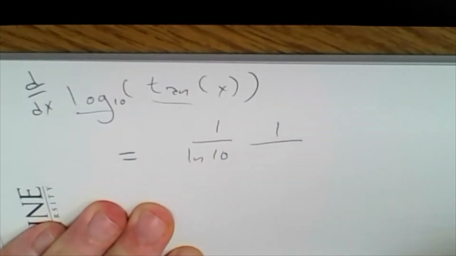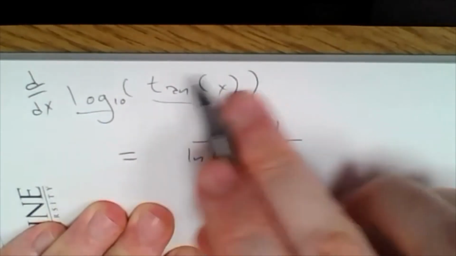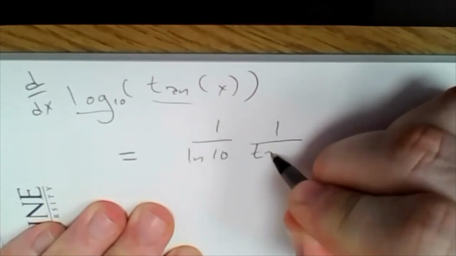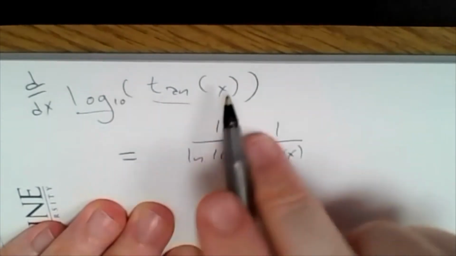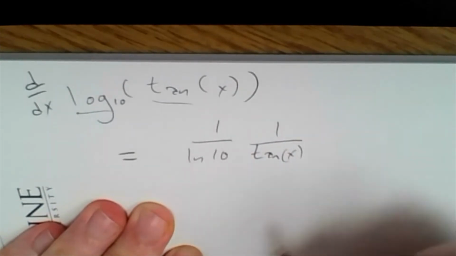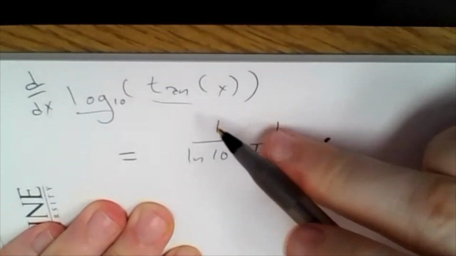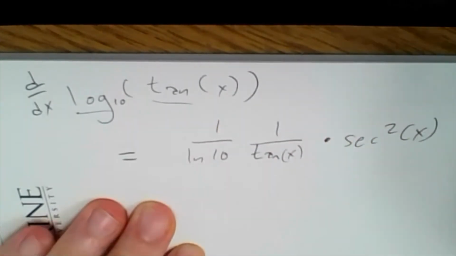When I get to any x here, I need to substitute the inside function the same way that it appears previously. So here's my tangent of x. That's entirely the derivative of the outside function with the inside function inside of it. I still need to multiply by the derivative of the inside function, which again is secant squared of x.